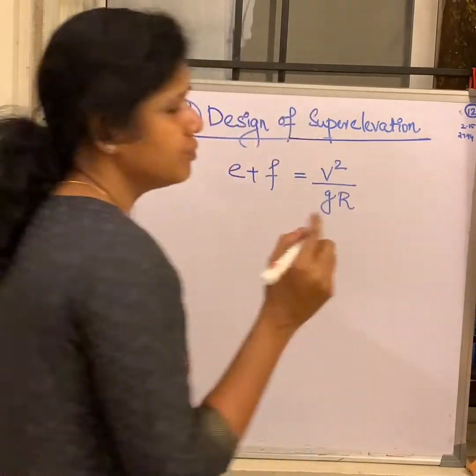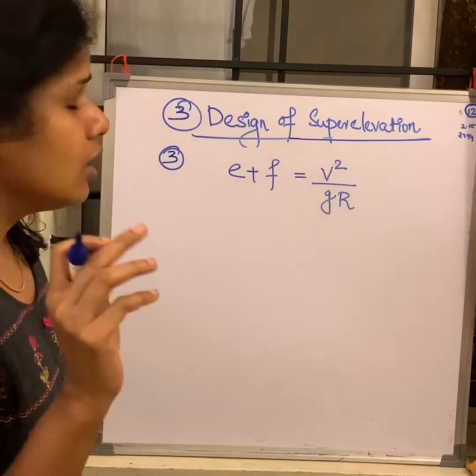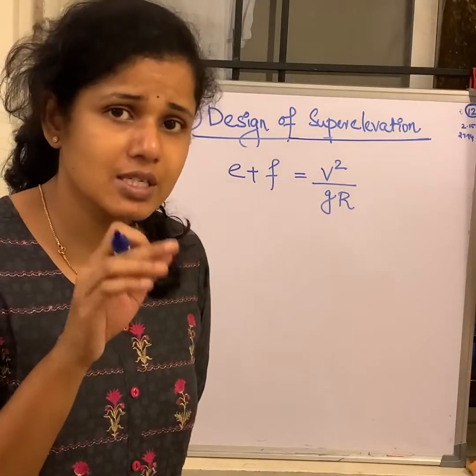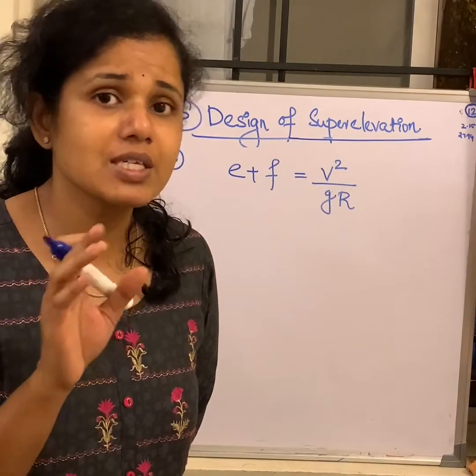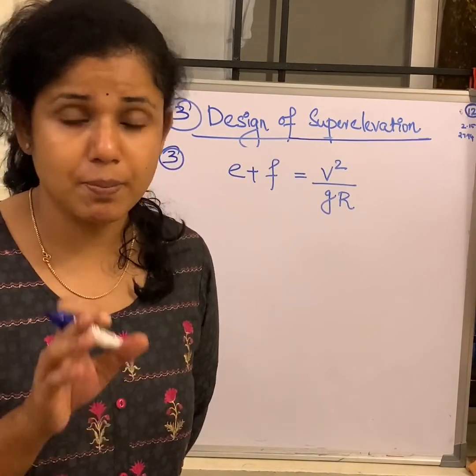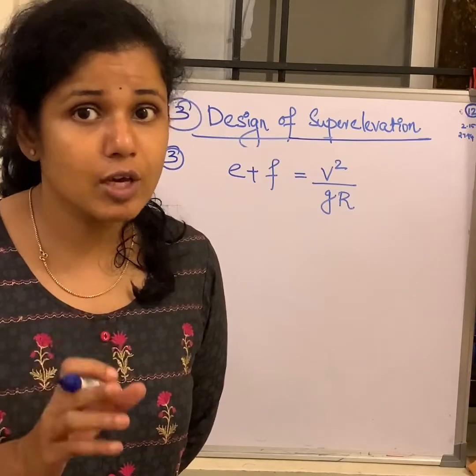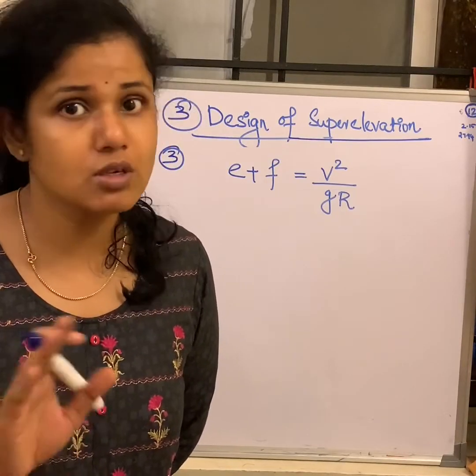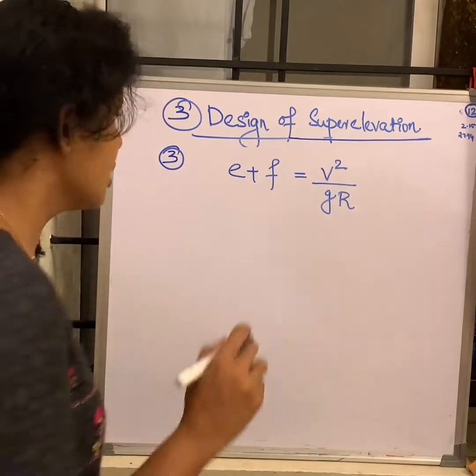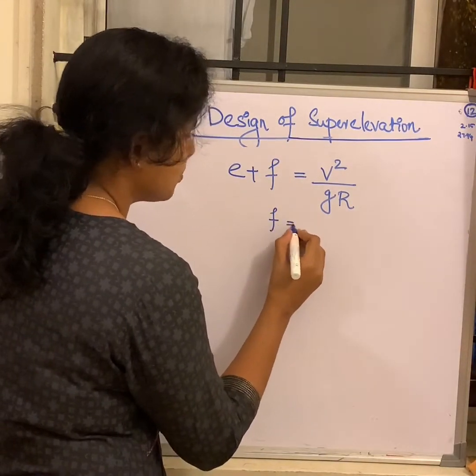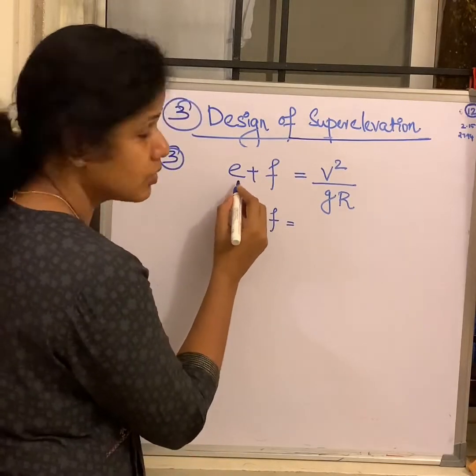Now, one point, please understand: when we calculated this E, we considered the design speed as 75% of the design speed. But when we are calculating the friction developed over there, we are looking at the full design speed. There is no 75% consideration here. Now, the F value is going to be, how much is the super elevation now?